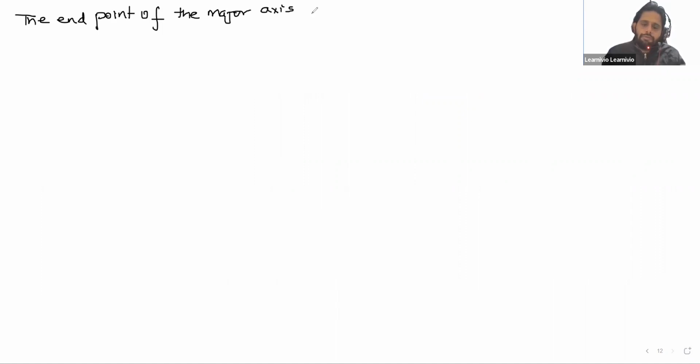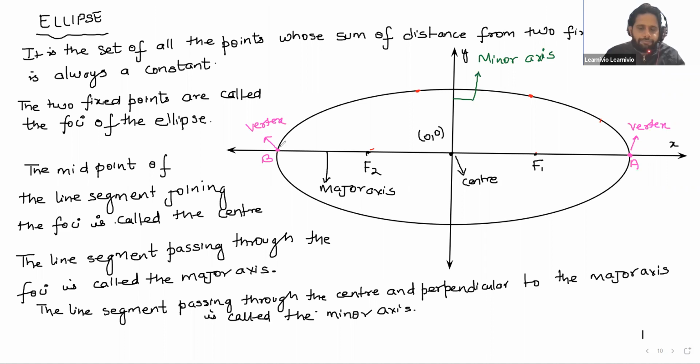So we can write it like this: the end point of the major axis on the ellipse is called the vertex. So these are the vertices. Please note this down.